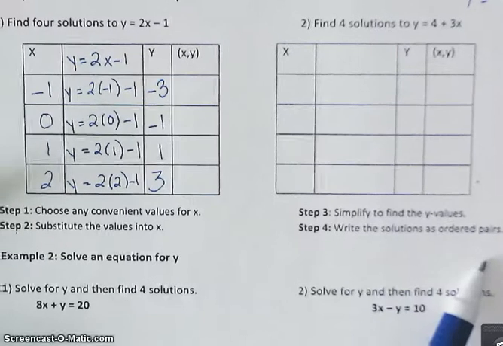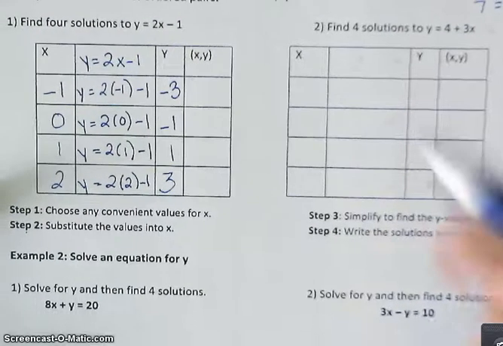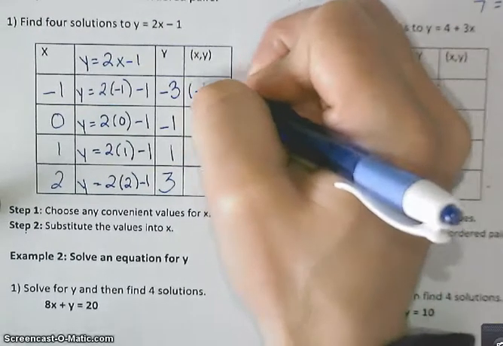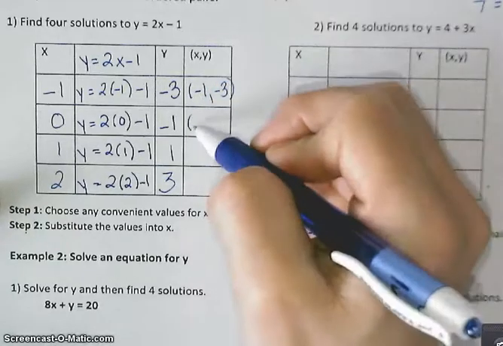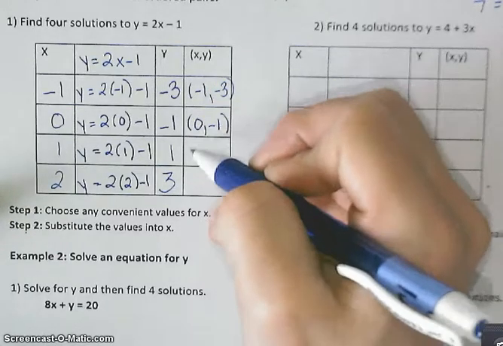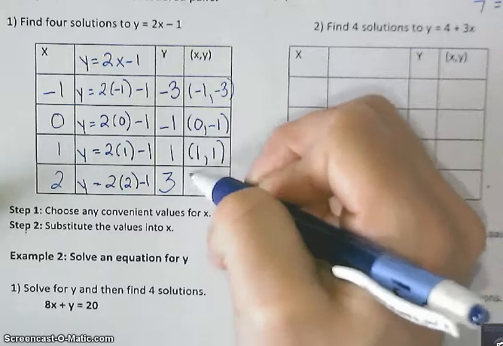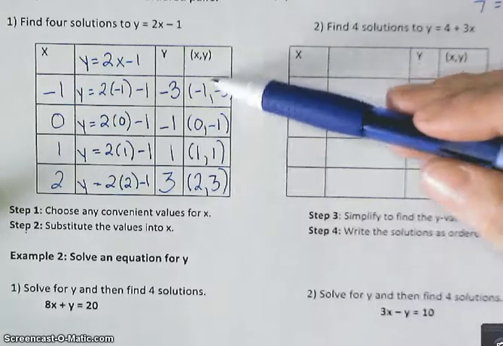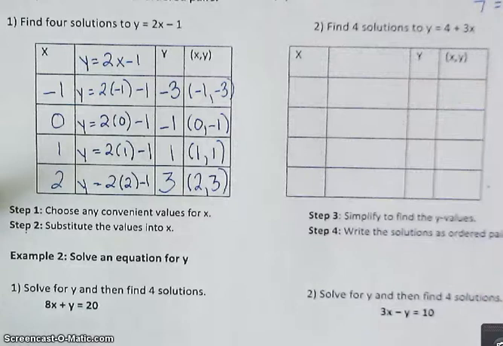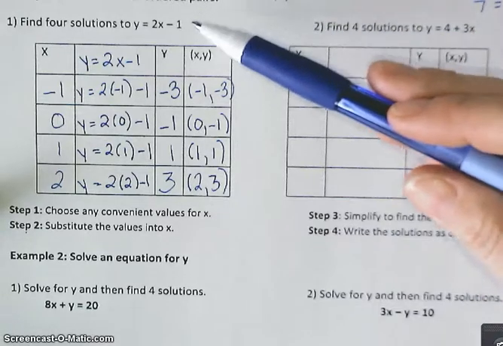This will be especially helpful for tomorrow when we're graphing. So our first solution is (-1, -3). Second solution is (0, -1), and then (1, 1), and then (2, 3). And these are 4 solutions to this function.